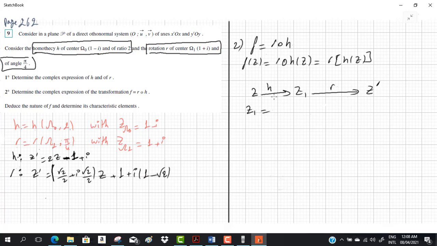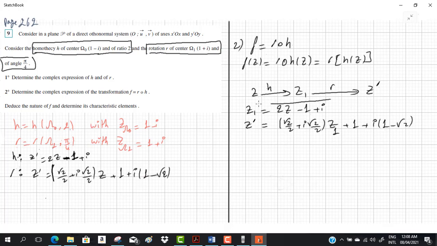Z1 verify the complex expression of H equal to 2Z minus 1 plus I, and with Z1 verify the complex expression of R اللي هي Z prime equal radical 2 over 2 plus I radical 2 over 2 into Z plus 1 plus I into 1 minus radical 2.